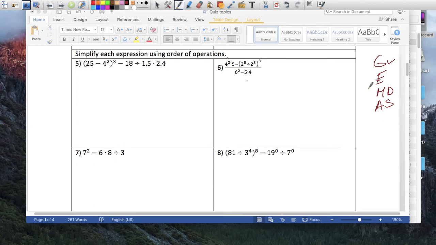Those are things that you would do first, and then exponents. Once exponents are taken care of, you'll do multiplication or division, whatever comes first from left to right, remember. And then finally, the last two operations you'll do are addition or subtraction, whichever one comes first from left to right.